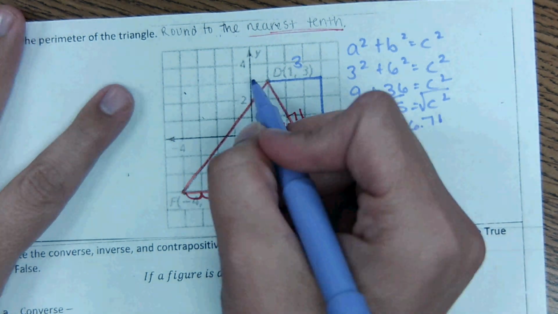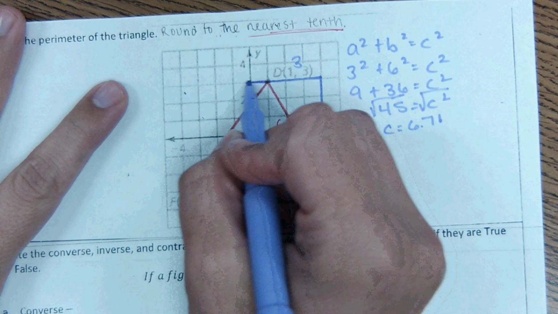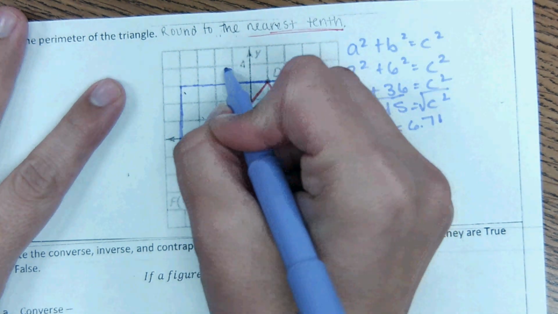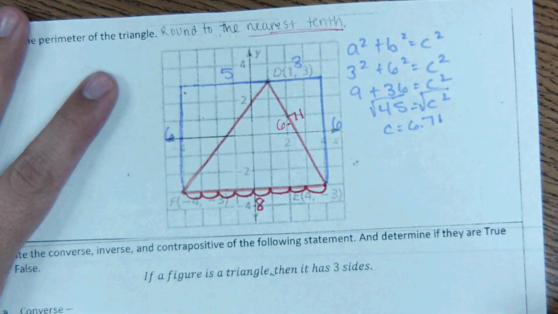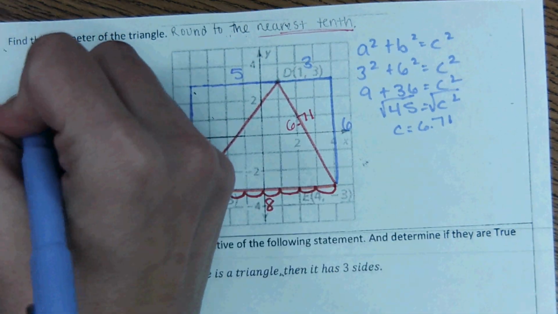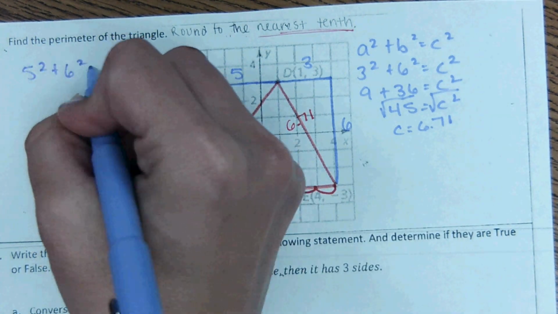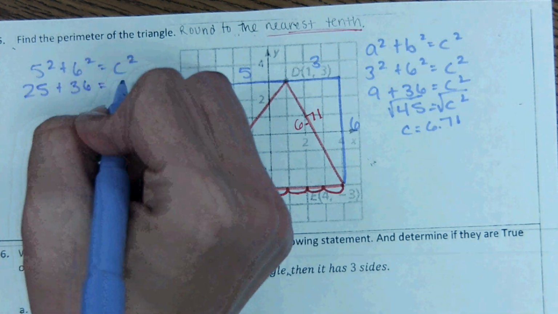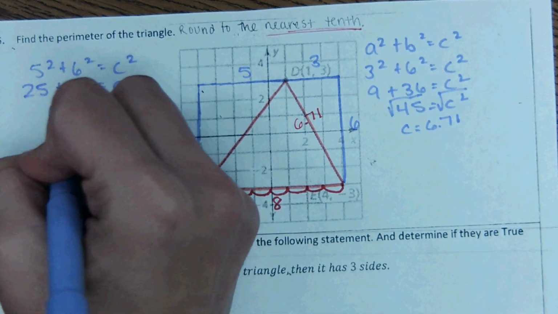Okay, then on this side, to find this length, I'm going to do the same thing. Sketch out a right triangle, 5 units by 6 units, and then 5 squared plus 6 squared equals c squared.